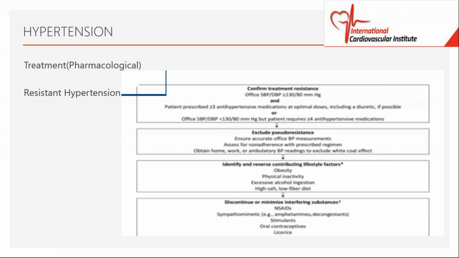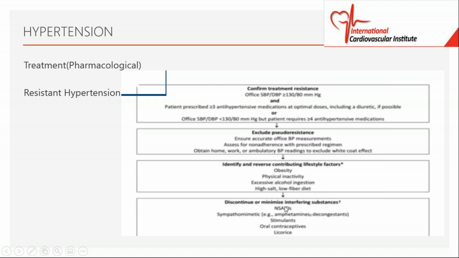This slide didn't really project very well, but these are some of the things that will give rise to a pseudo-resistant hypertension. Make sure the blood pressure is measured properly. Remember, we went over that the patient should be seated, the legs should be on the ground, the limb should be supported, and the right size cuff. But other things that you should look into: obesity, physical inactivity, excessive alcohol ingestion, high salt intake.